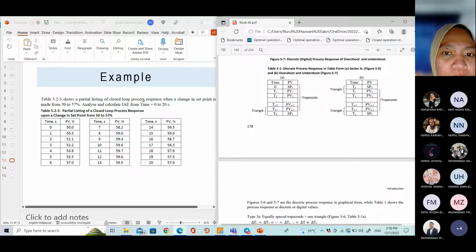Okay, so from here you need to calculate the IAE. So we need to use this concept, which is you need to identify which part is for the trapezoid and which part for the triangle.